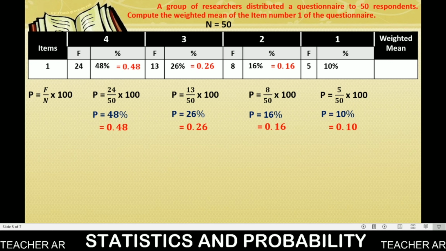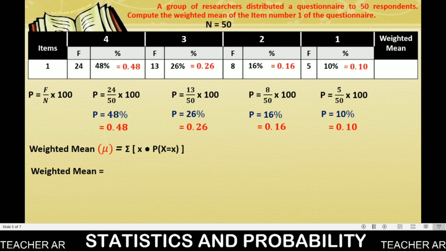Alright, so let us now compute the weighted mean. The formula in computing the weighted mean is the summation of x, the legend, times its probability. Our percent is our probability. So let's get started.